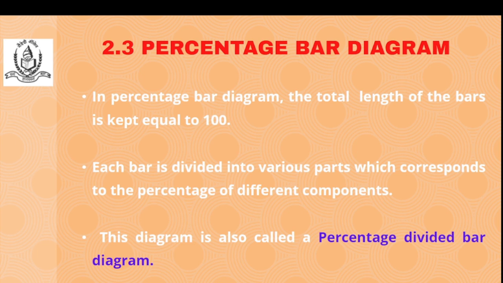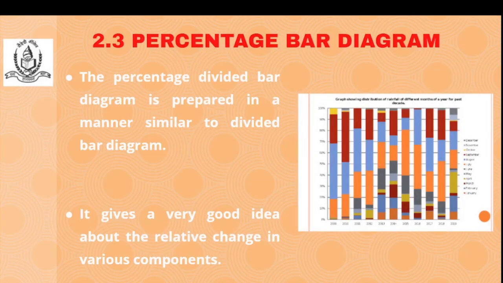Such bar diagrams are also called percentage divided bar diagrams because of their similarity with the divided bar diagram. The percentage divided bar diagram is prepared in a manner which is very similar to the divided bar diagram. That is, the different components of one particular variable are represented as different parts stacked one upon the other in a single bar.